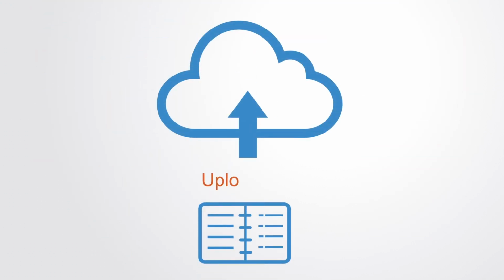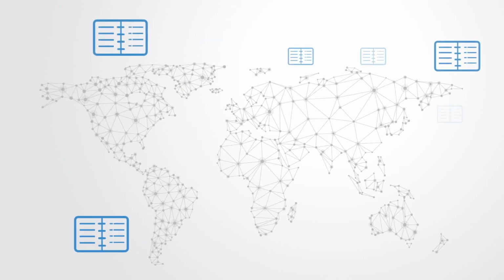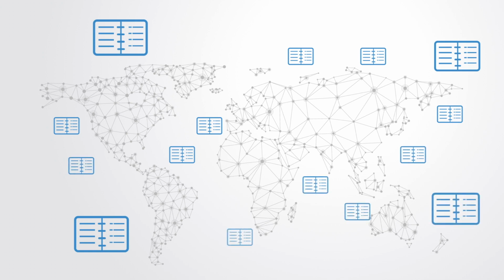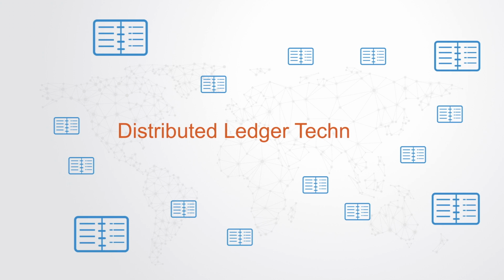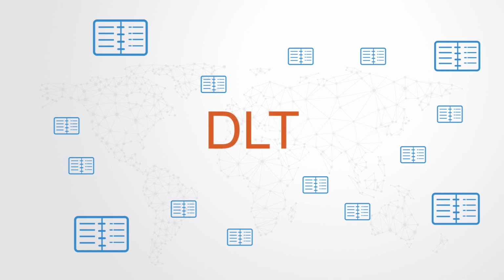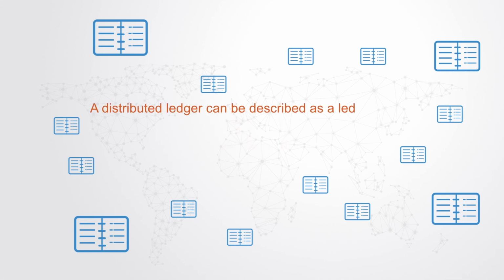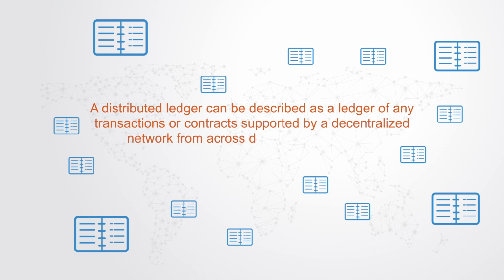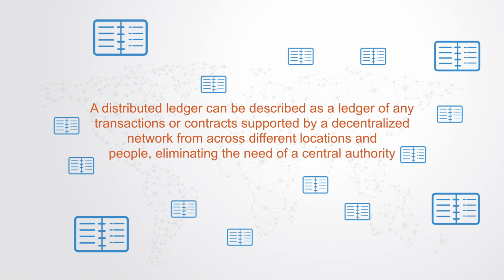Today, this record-keeping system is once again being revolutionized, as these ledgers are shifting to a global network of computers, which is cryptographically secured, fast and decentralized, what we call distributed ledger or distributed ledger technology, DLT for short. A distributed ledger can be described as a ledger of any transactions or records supported by a decentralized network from across different locations and people, eliminating the need of a centralized authority.